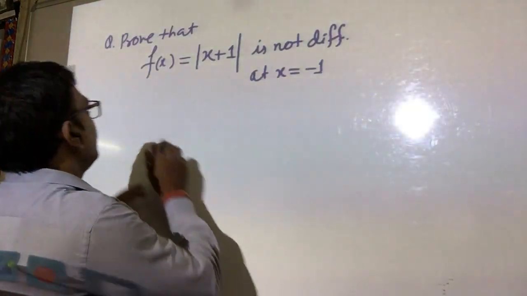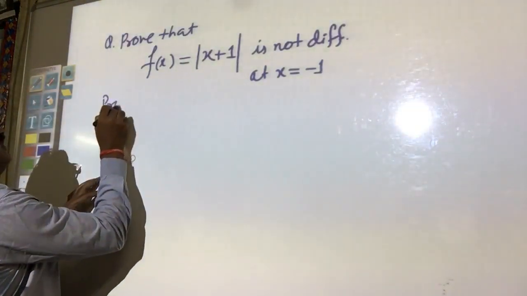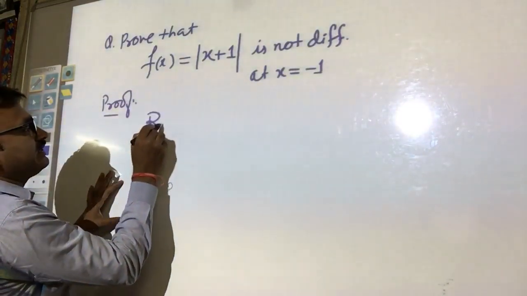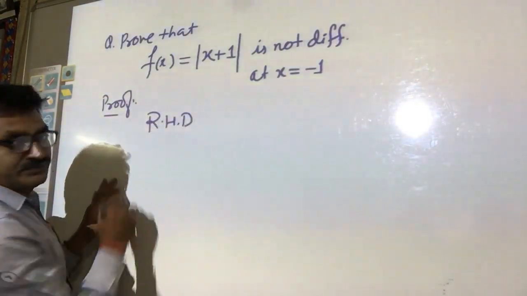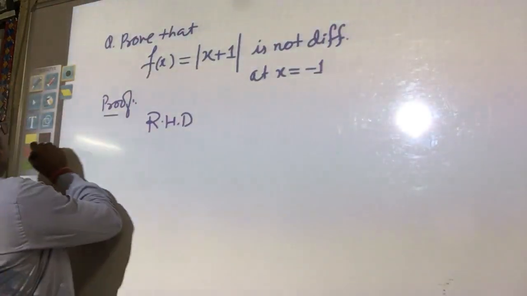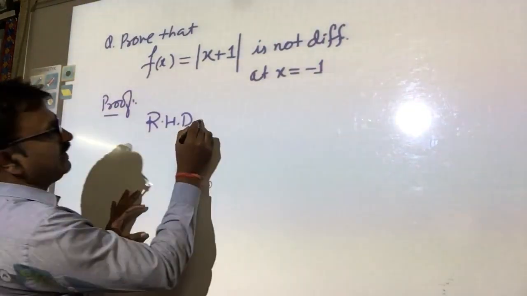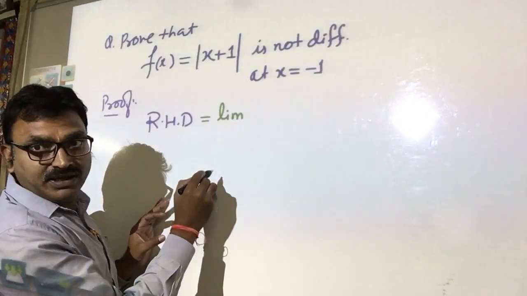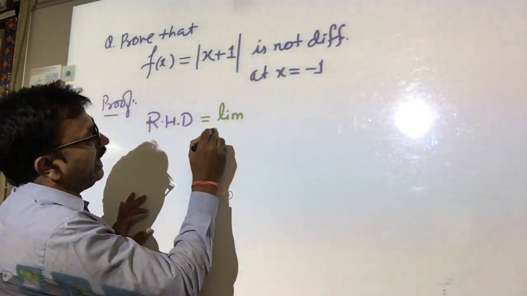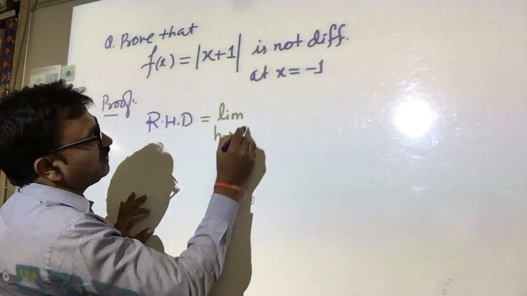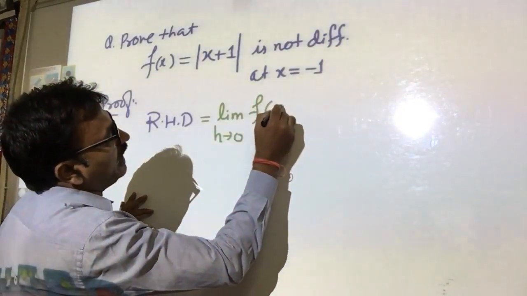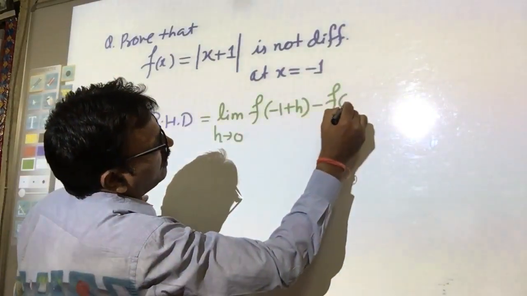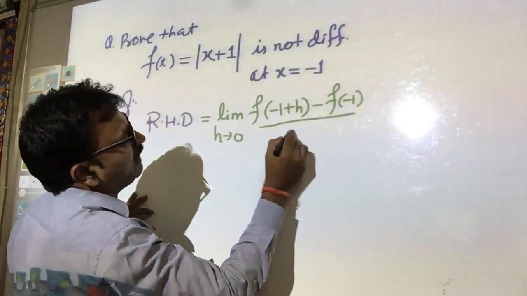So okay, now the proof. We will write the proof. Now we will find the right hand derivative. Right hand derivative is equal to what? First we will write the formula: limit h tends to 0, f(-1 plus h) minus f(-1), divided by h.